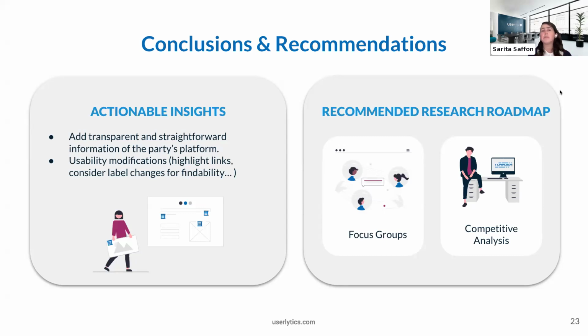Here we have just a couple of brief examples based on our political party study, but obviously in a ULX benchmarking score report, these areas would be covered in a lot more depth in order to provide you with more actionable insights.